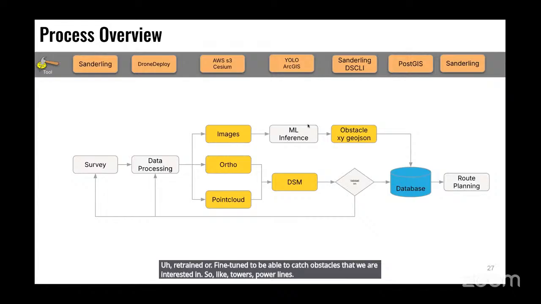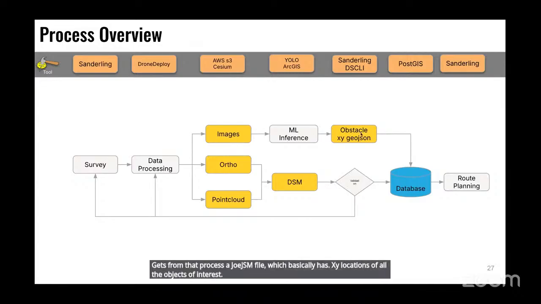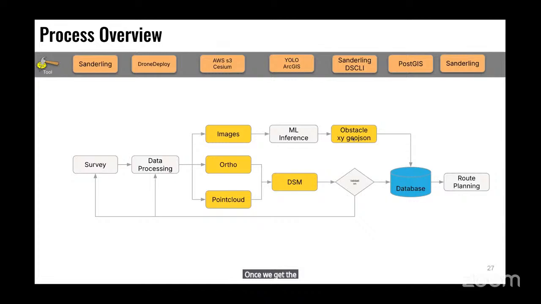We run the model inference on it, and we are able to get from that process a GeoJSON file, which basically has XY locations of all the objects of interest. Once we get the GeoJSON, we upload it into a database, and we use PostGIS for our database. We upload this GeoJSON to PostGIS through Sanderlin.